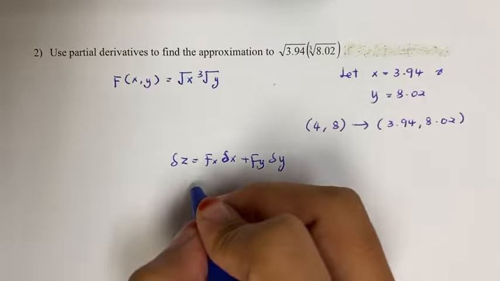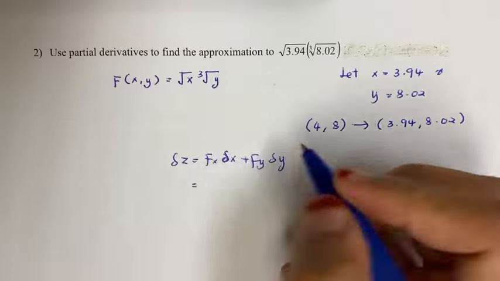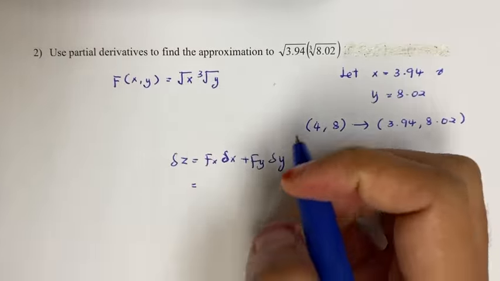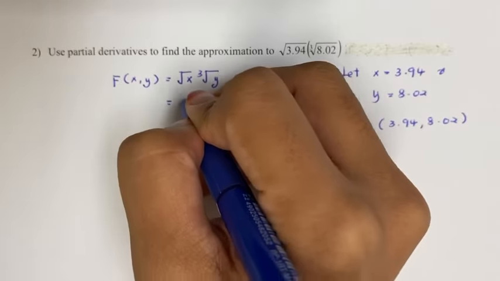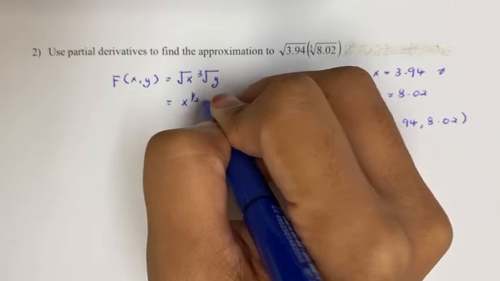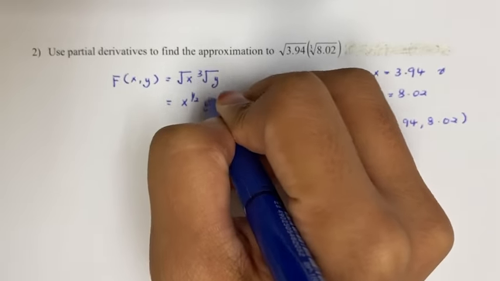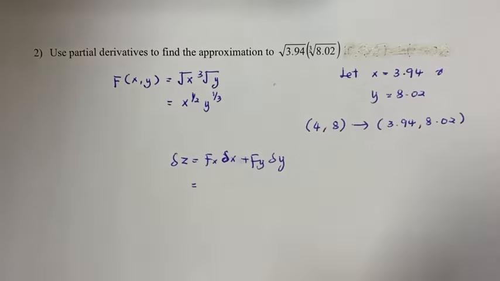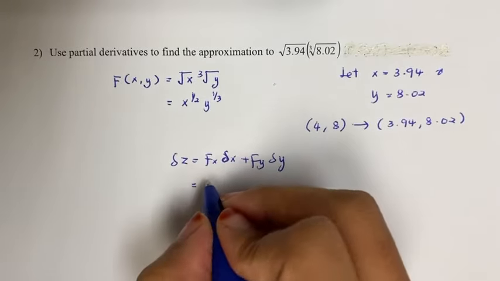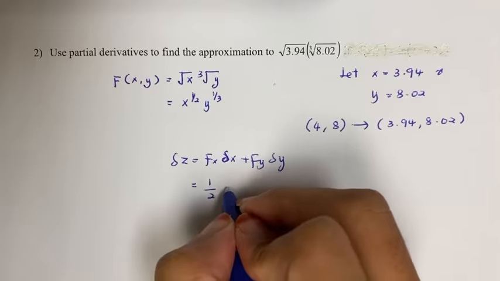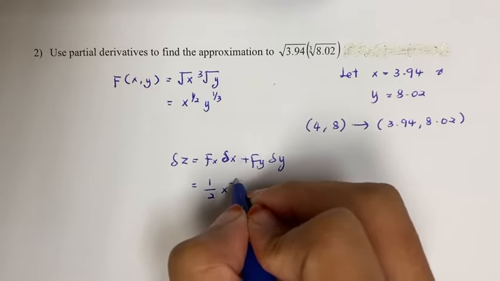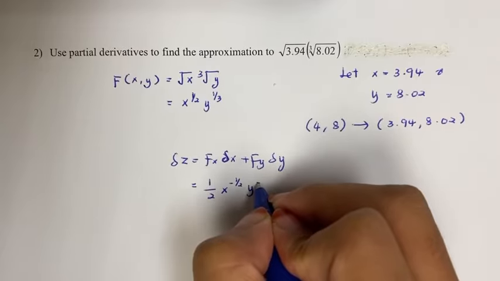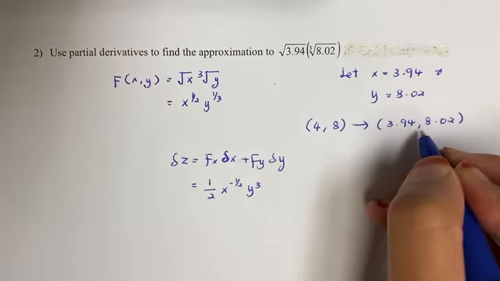Okay, so this is equal to fx. Let's say you have x to the power of half multiplied by y to the power of 1/3. So fx here will be 1 over 2 x to the power of minus half y to the power of 1/3.